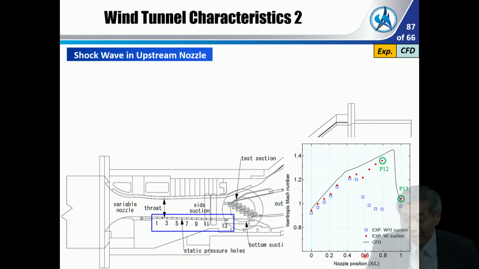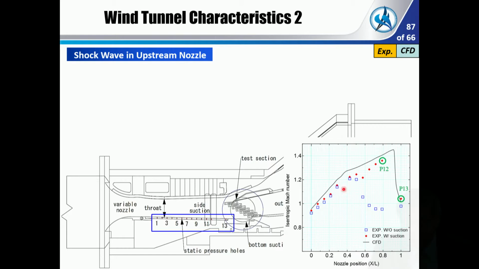So this is the nozzle position against isentropic Mach number. We measure the pressure on the wall, and we can calculate the isentropic Mach number from the wall pressure data.